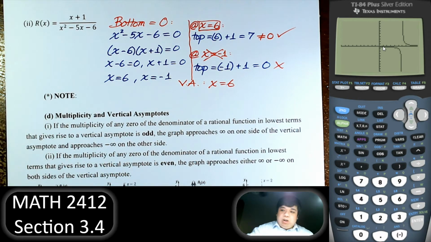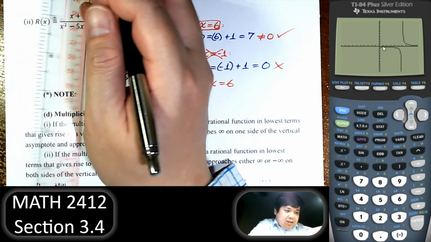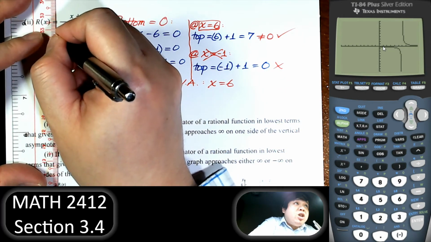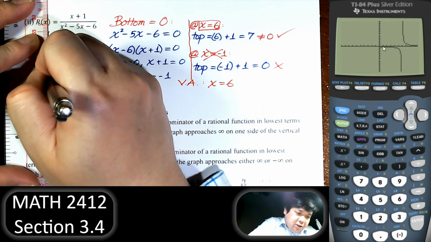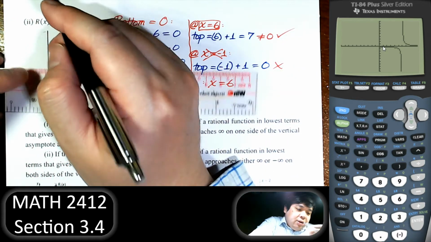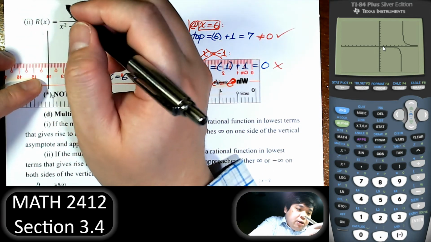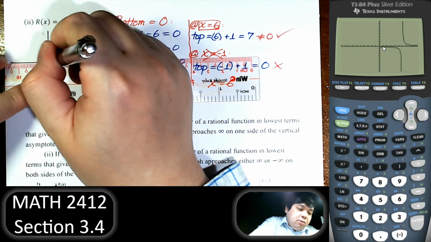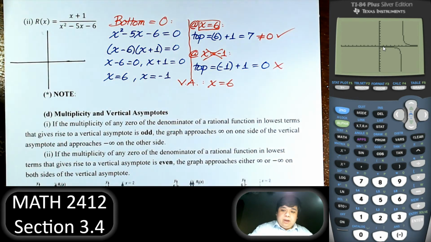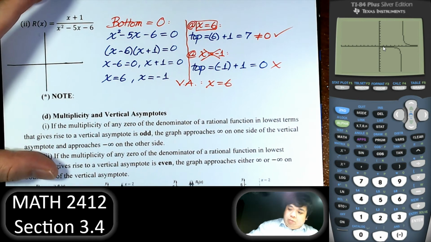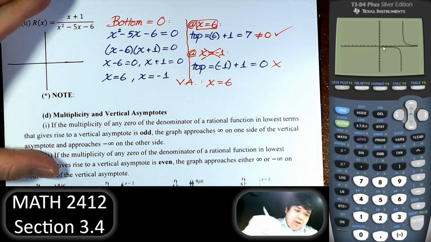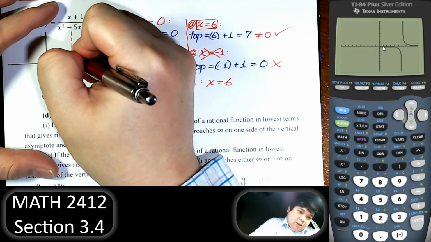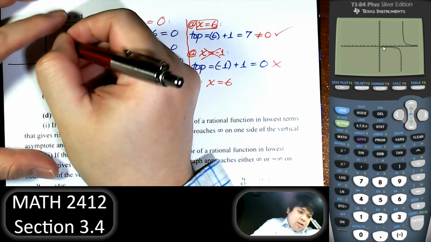So if we try to draw the graph real quick, if we just show the sketch, we have a vertical asymptote at 6.